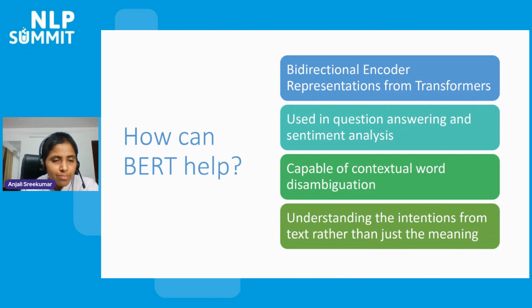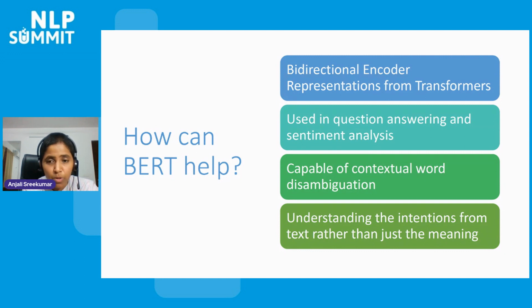So for now, I'll stop the philosophical conversation there and talk more about how BERT can actually help with this goal. BERT is Bidirectional Encoder Representations from Transformers, and we'll talk more about what a transformer is. They're basically used for question answering setups and sentiment analysis.